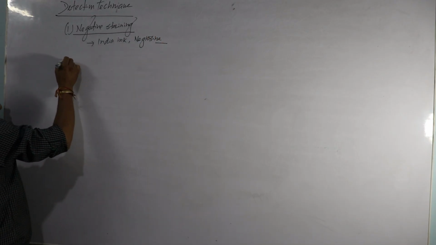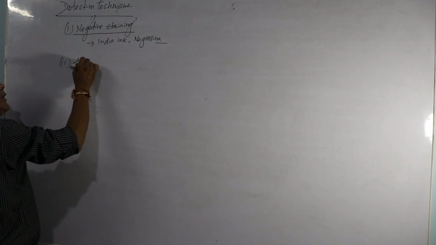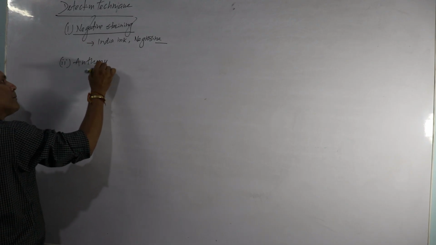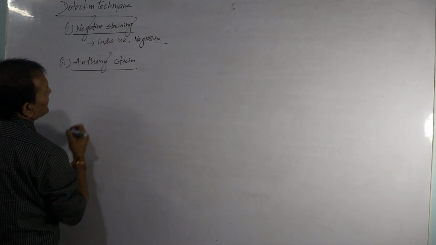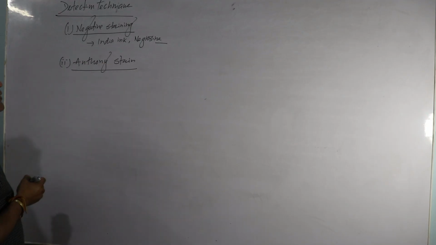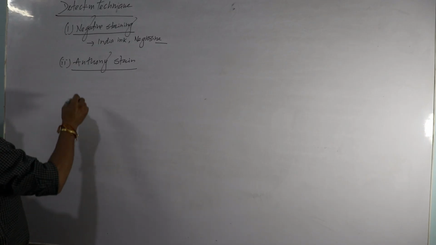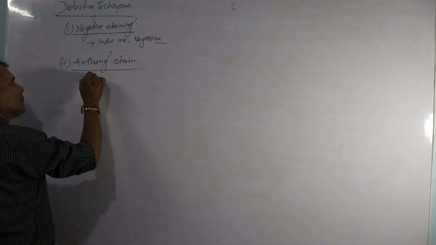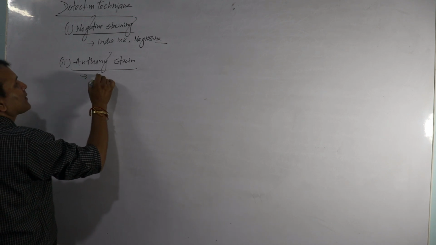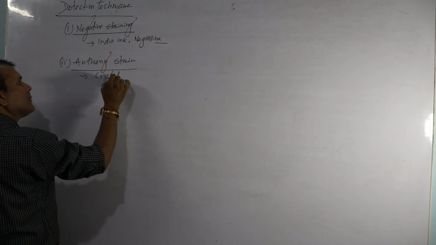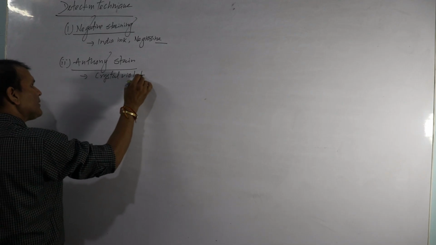The most commonly used stains in negative staining are India ink or nigrosin. Point number 2, Anthony stain. These are other staining techniques which also help in detection of capsule. In this staining we use a positive stain, usually crystal violet. It's a positive stain.